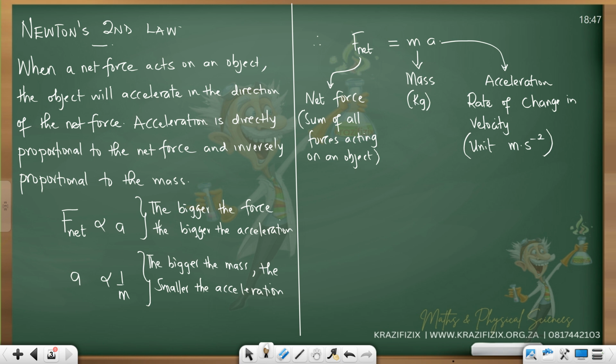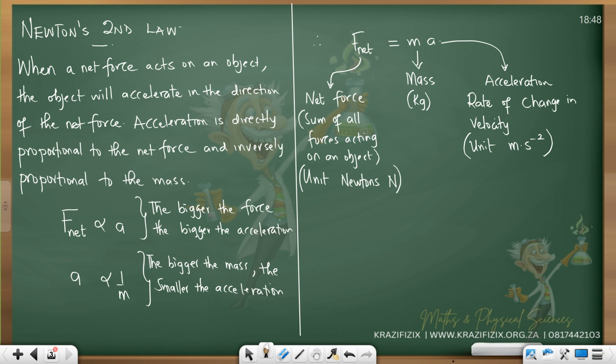What is F net? This is the sum of all the forces on an object. It's like talking about your F resultant. And the unit of force is newtons. We write N. Mass is measured in kilograms. And what is acceleration?